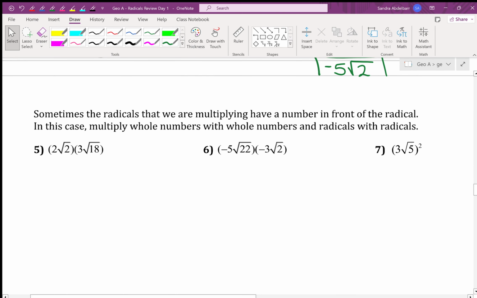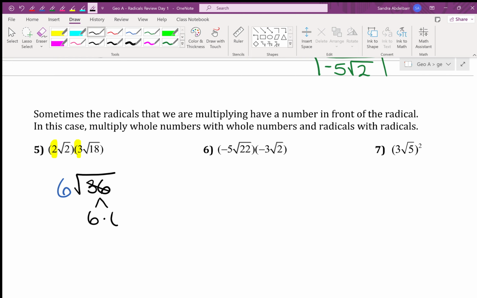All right, number 5, 2 root 2 times 3 root 18. We're going to multiply our coefficients. 2 times 3 is 6. Then we multiply our radicals. 2 times 18, do we agree that's 36? And isn't 36 6 times 6? Pair.